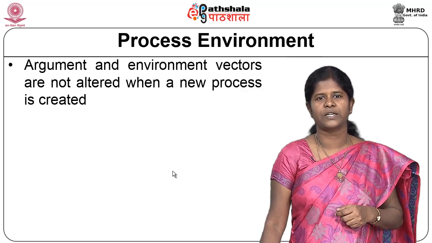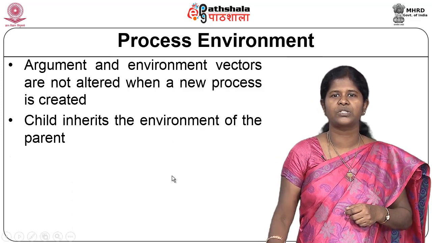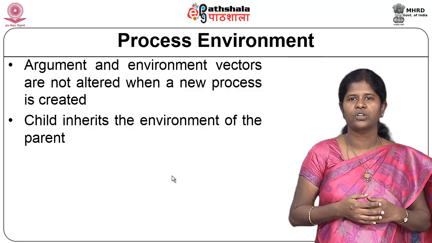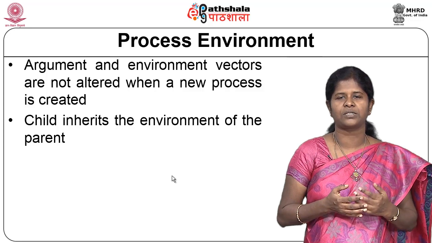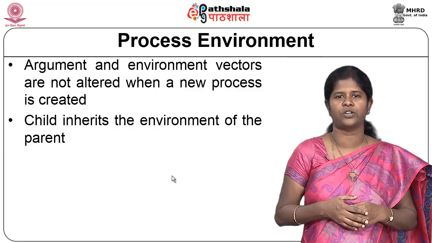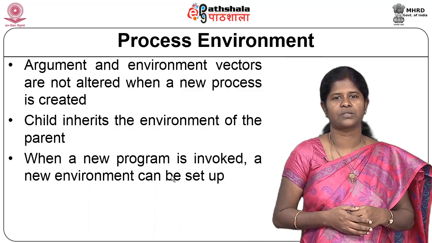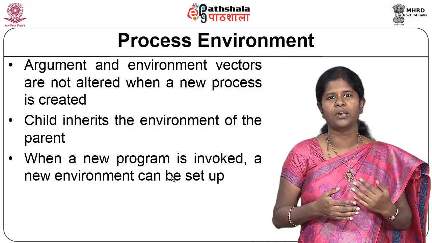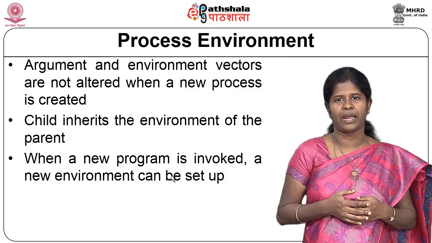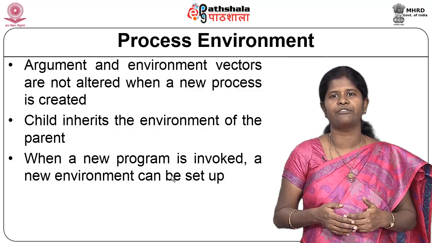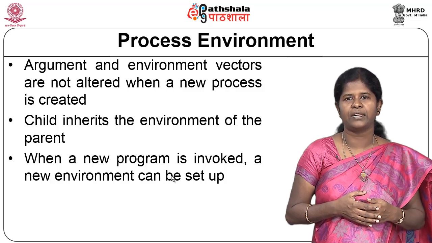So, this argument vector and environment vector are not altered when a new process is created. When you are using fork to create a new process, whatever is there for the parent process, the argument or the environment, will be the same for the new process as well, or the child will inherit the environment of the parent process. But when you are invoking a new program using the exec call, then a new environment can be set up. There are two flavors of exec which can be used to set up the environment, called exec LE and exec VE.